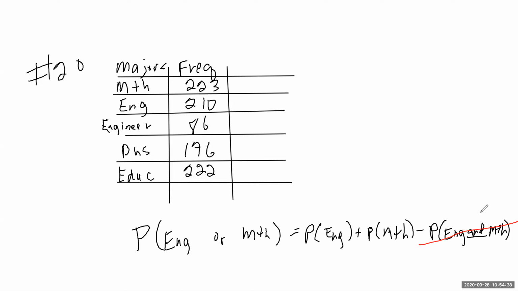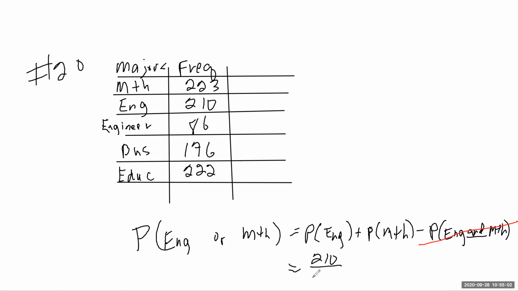So what's the probability of getting an English degree? Well, there's 210 people that got an English degree, but that's not a probability. We need to know how many total people we're talking about. That's the number of outcomes in the event getting an English degree, 210. But to find the denominator, we need the total in the sample space.